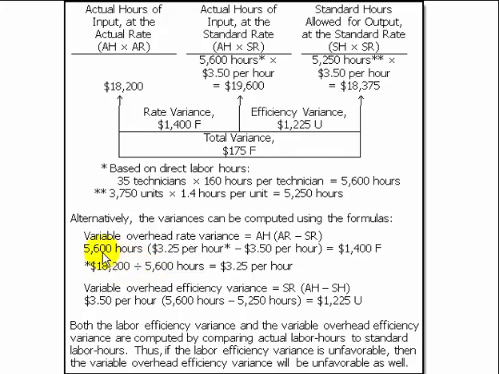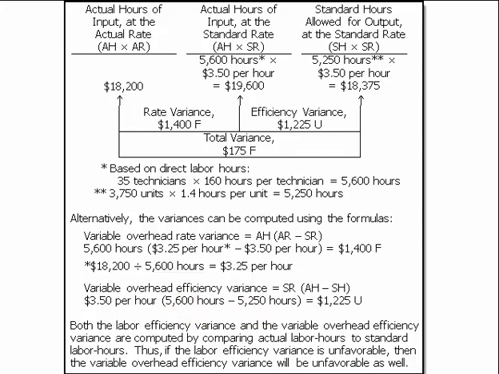Actually, what I meant to say was once we know the hours here, we can take the 18,200 divided by the hours. So to calculate this middle ground helps us if we wanted to use a direct approach. And then on the variable overhead efficiency variance, take the standard rate, in this case 3.50 per hour, times the difference between the actual hours used and the standard hours.